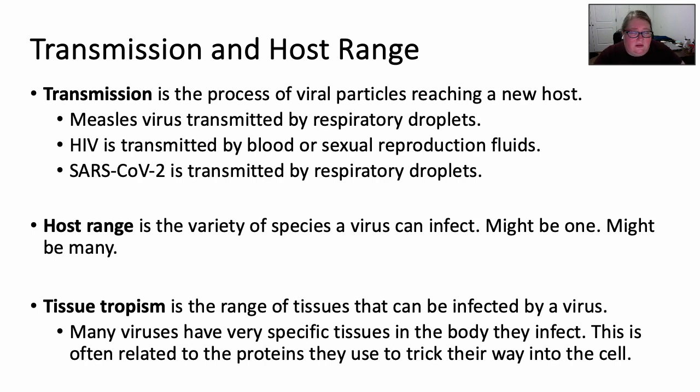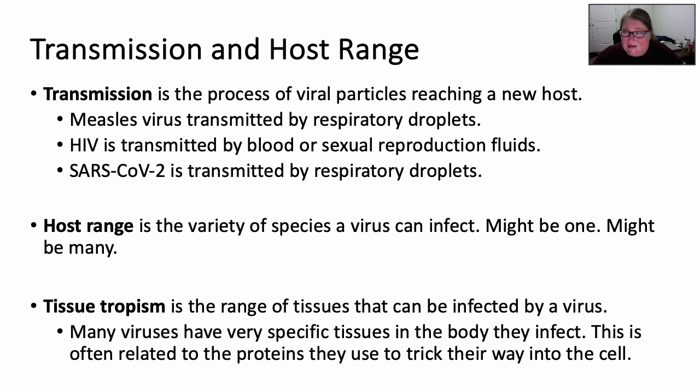Now, a lot of viruses have very specific tissues that they can infect. Measles and COVID-19 are going to infect your respiratory system because they're transmitted by respiratory droplets. And one of the reasons why is because viruses have to be able to hijack a host cell. So they're only going to infect cells that they can gain entry to.